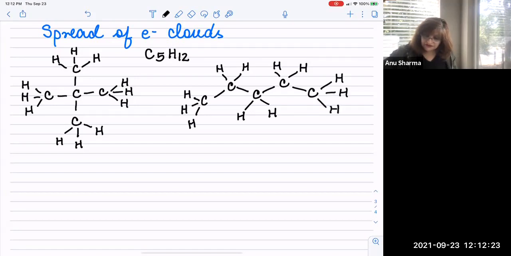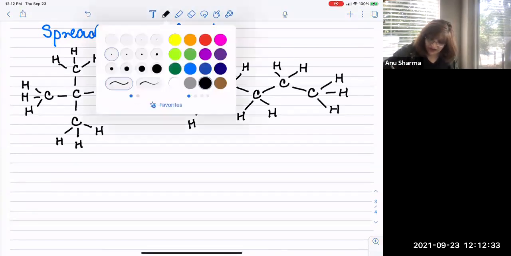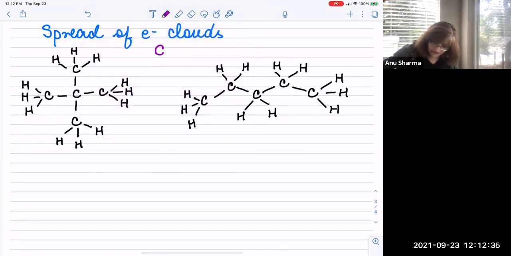This is still 5 carbons and 12 hydrogens. Both of them have 5 carbons and 12 hydrogens.